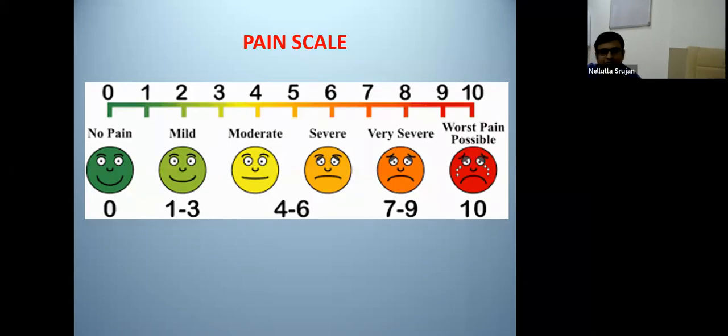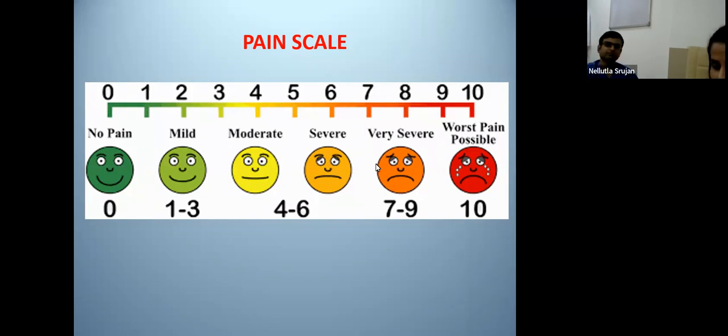The next question I can see in the chat box is how to control sugars in post-operative patients. Even though he's non-diabetic, most of the patients will have high blood sugars, or the first sugar levels will be high. So how do you monitor your blood sugar levels? We have to check the sugar levels of the patient once the patient is out of the recovery area to the ICU or the ward, along with the vital signs, so that we can know whether the sugars are within normal limits or not.